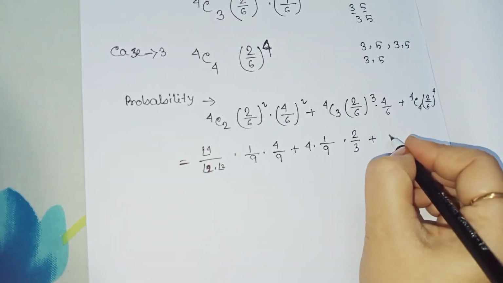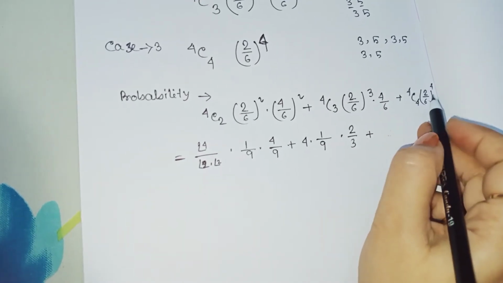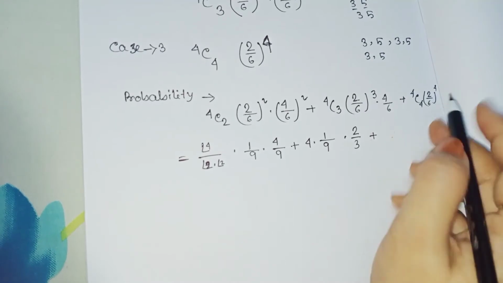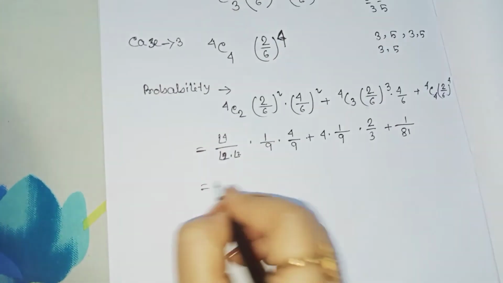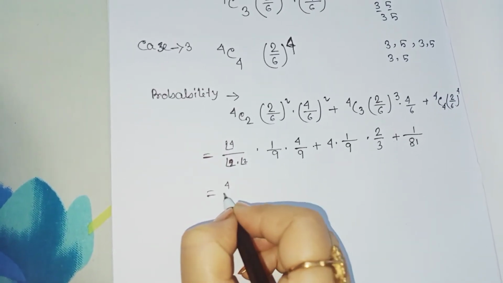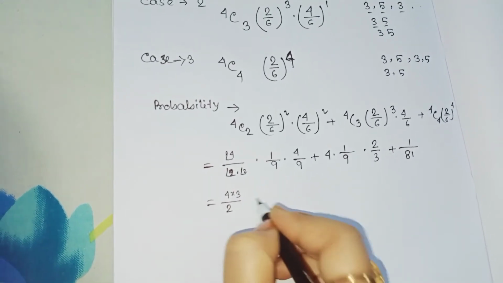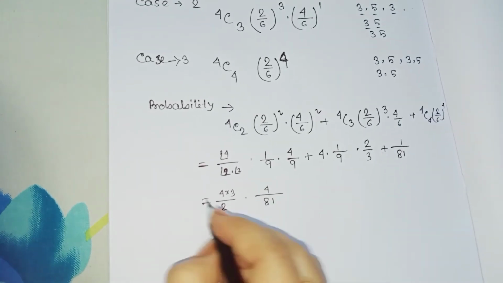Plus 4C4, which is 1, times (1/3)^4, that means 1 by 81.